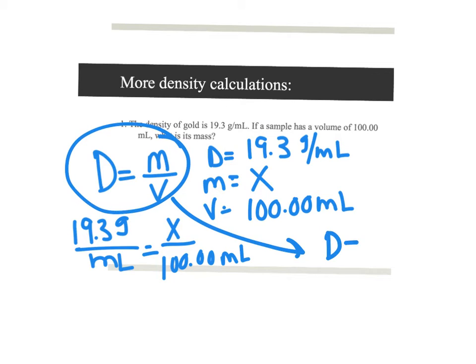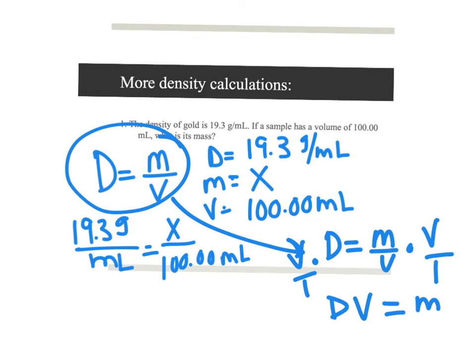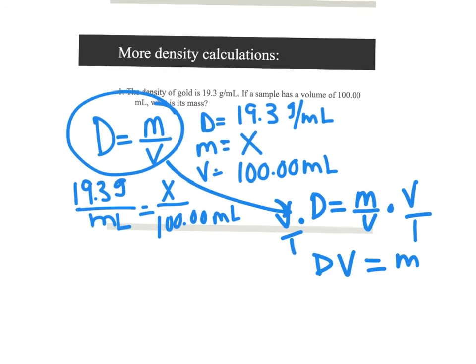If I know that density equals mass over volume, and I want to isolate the variable that I am looking for, which in this case is mass, I can multiply both sides by the volume. Because it's like multiplying by volume over 1. So density times volume is going to equal mass, and then I could plug in my numbers from there.